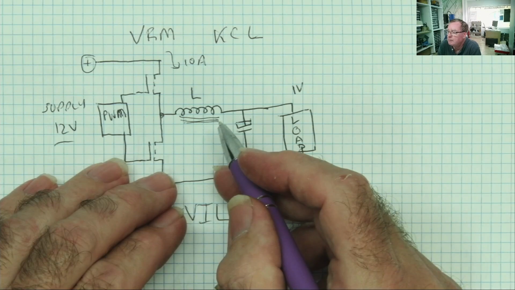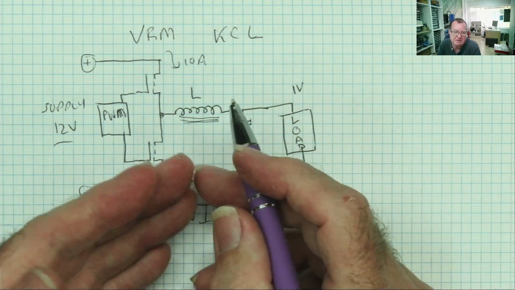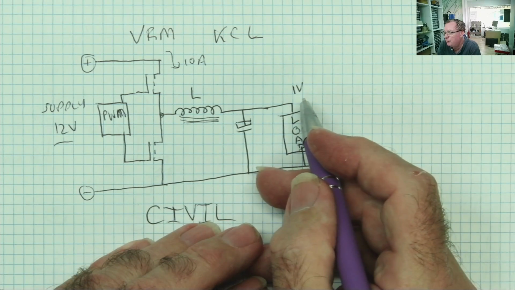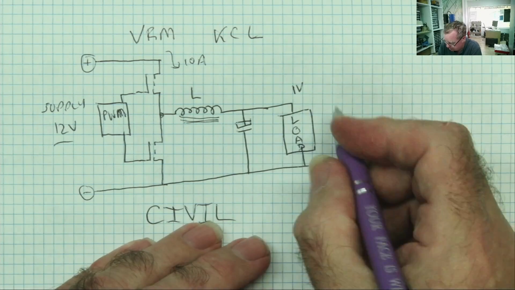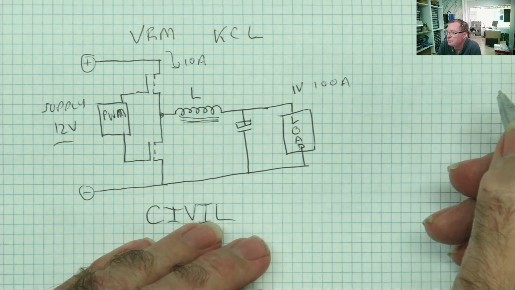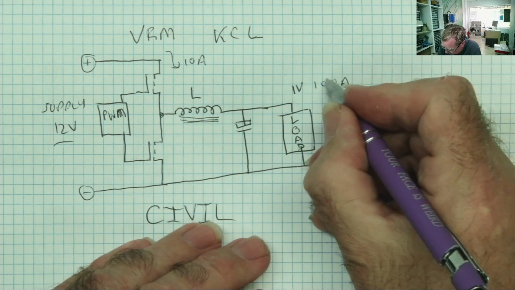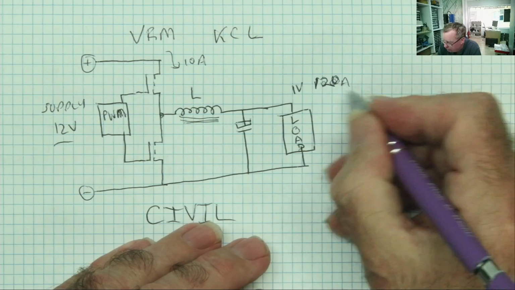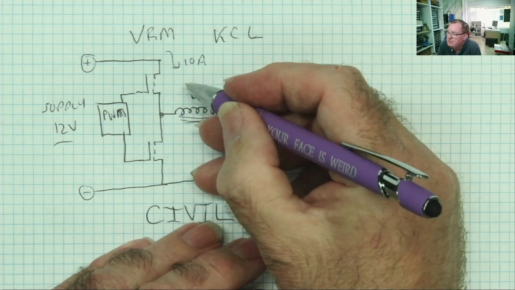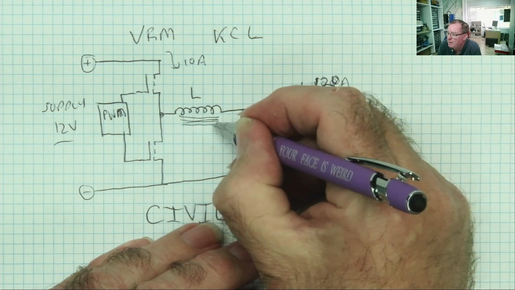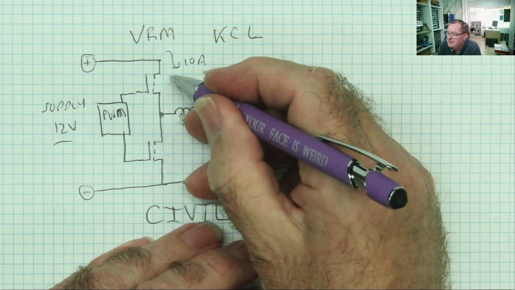This converter is a DC to DC converter, and what actually comes out is, for example, 1 volt at 120 amps, 12 times as much, so we'll get the maths right. So we've got 10 amps coming into here and 120 amps going that way, and 10 amps going this way.